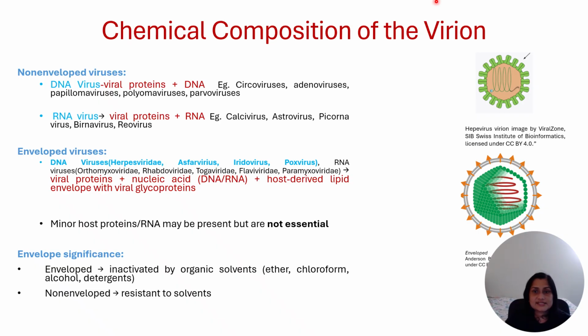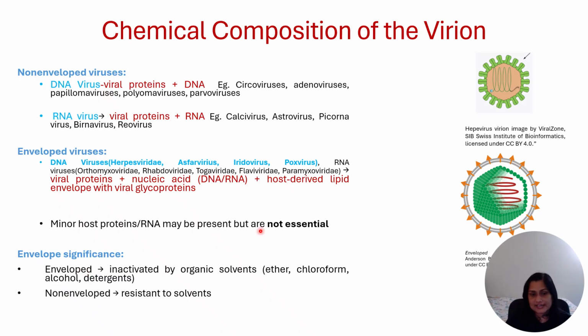Finally, let's see the significance of the envelope. Enveloped viruses are very sensitive to organic solvents like ether, chloroform, alcohol, and detergents. They can disrupt the lipid layer and inactivate the virus. So while choosing a disinfectant, we have to look into whether the virus is enveloped or non-enveloped.